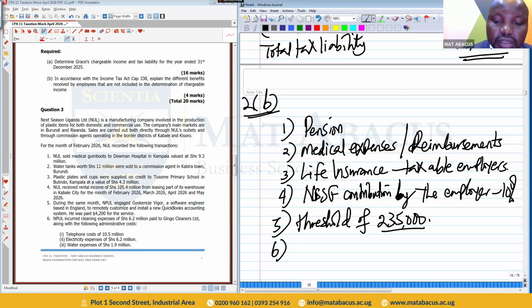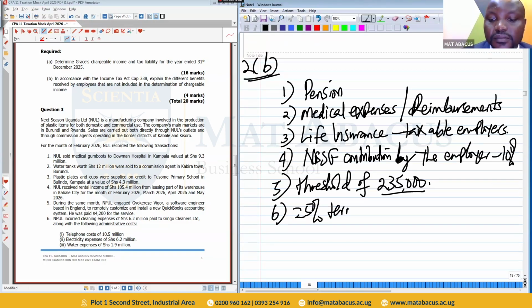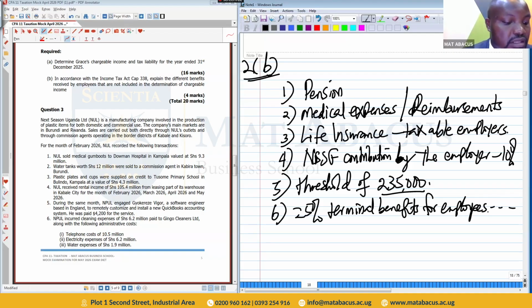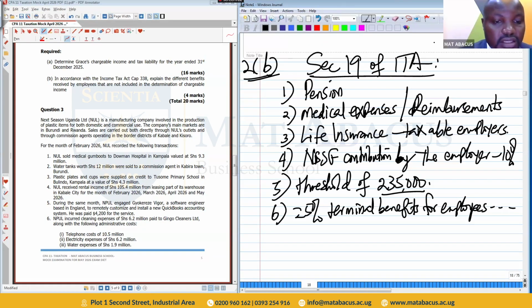Then six, we have 25% terminal benefits, terminal benefits for employees who have worked for more than 10 years for one employer, and many others as specified in Section 19 of the Income Tax Act.